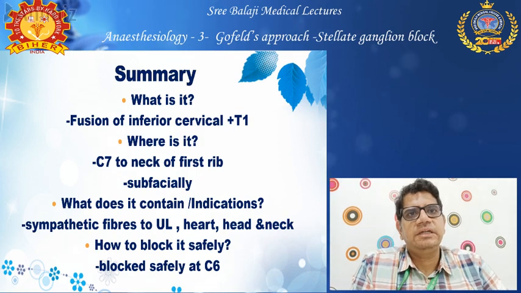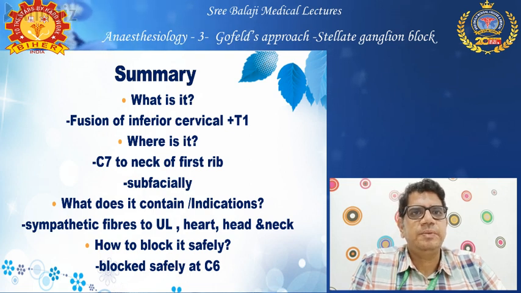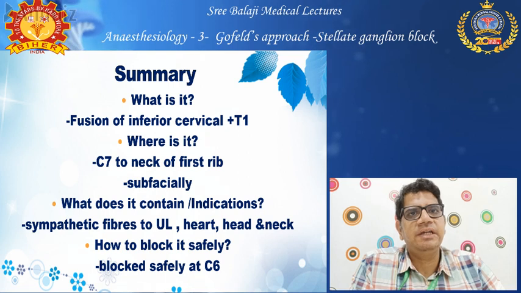So at the end of the session, it is very clear that Gofeld's approach to stellate ganglion block is a safe blocking pathway because it avoids all the vital structures that are present in the neck as well as ensures 100% blockade of the ganglion.